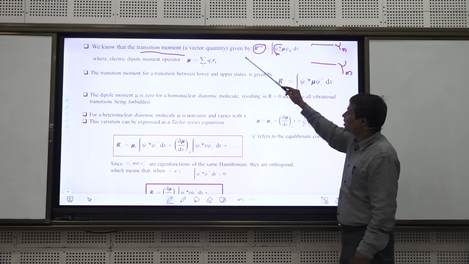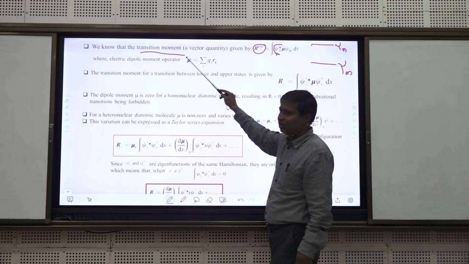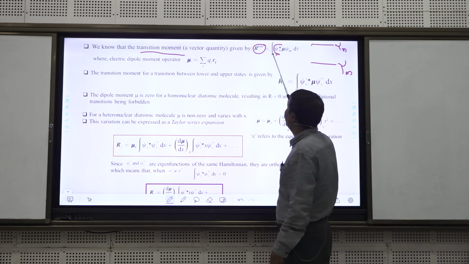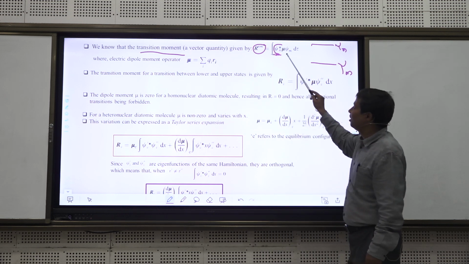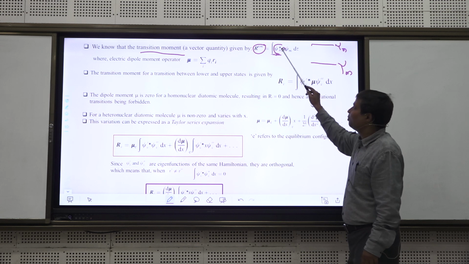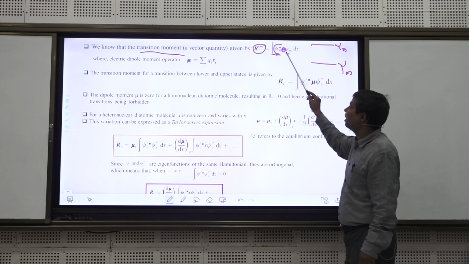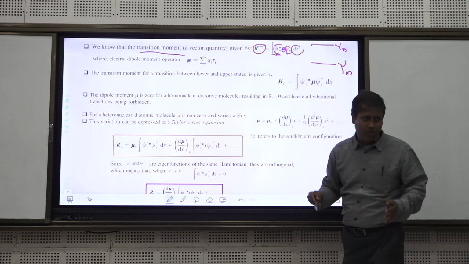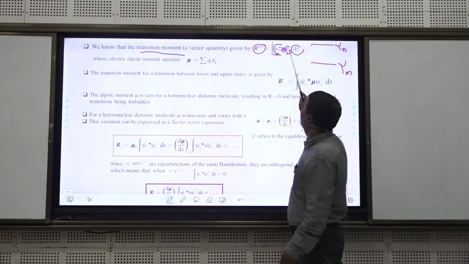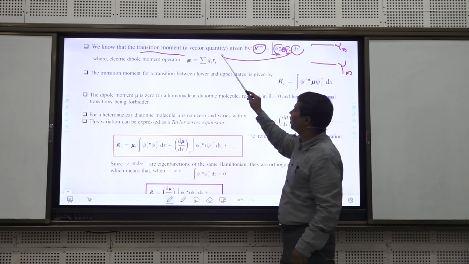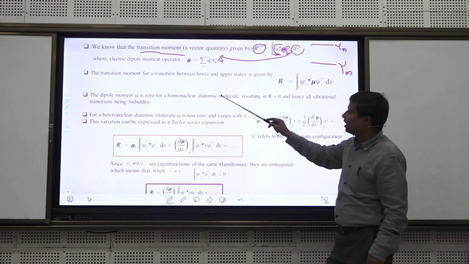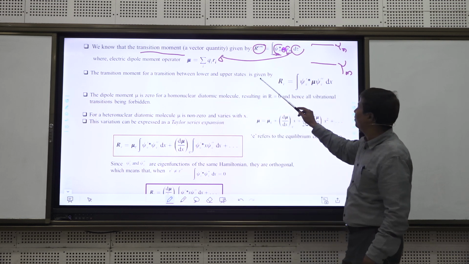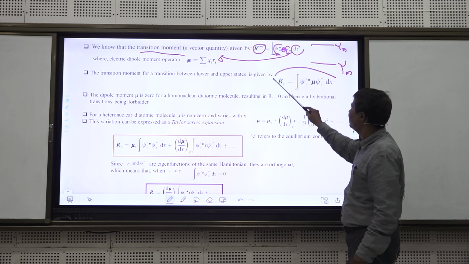The transition moment, which gives you the intensity, is the integral of psi star N, the dipole moment vector, and then psi M, the ground state, d tau, the volume element. You know the dipole moment vector has already been discussed. So the transition moment is given by this expression.